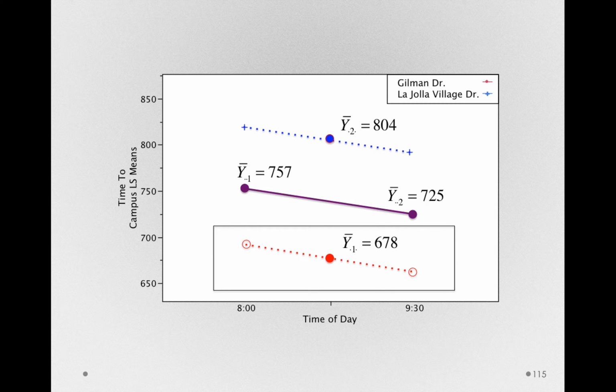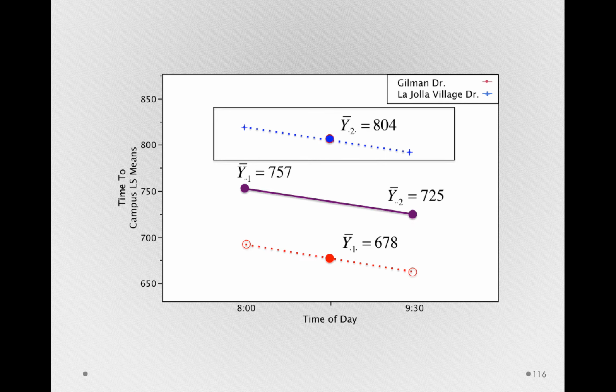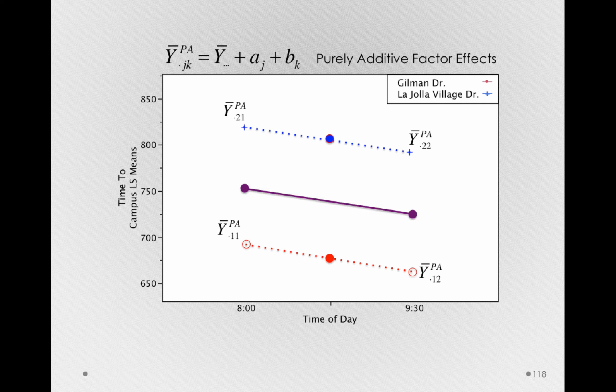It's a little bit faster to go at 9:30 than 8 a.m. And at La Jolla Village Drive, we have the average effect of time of day. It's a little bit faster, and the same amount faster, to go at 9:30 a.m. than at 8 a.m. So if it really were the case that there was no interaction, that the effect of time of day was the same at both of the different routes, these are the means we would have for our groups. Now these are called the purely additive factor effect means.